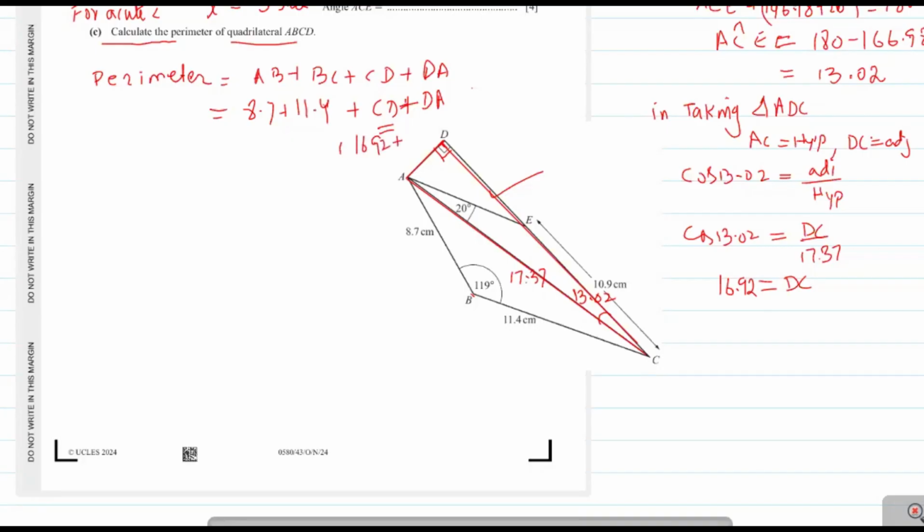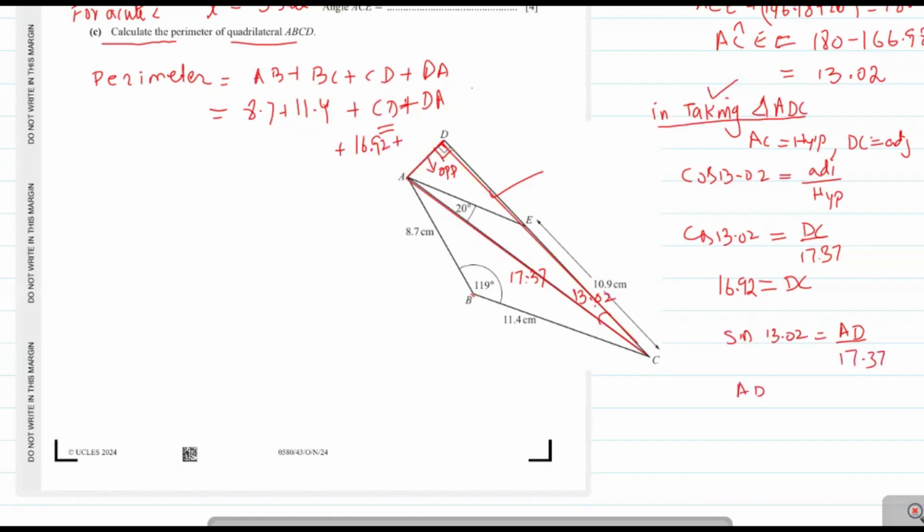The value of DA we can calculate by taking the triangle ADC again. In this right angle triangle, this side is the opposite side of this angle. Therefore, we write sine 13.02 will be equal to the opposite side AD over the hypotenuse 17.37.